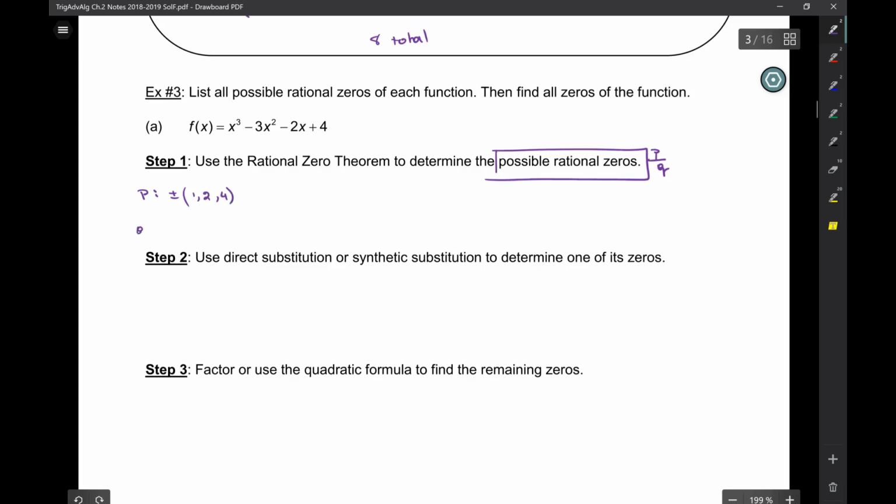For Q, plus or minus 1. Okay. P over Q, it's going to be each of these over 1. So you get 1 over 1, 1, 2 over 1, 4 over 1. You basically get the same numbers back. So these are the possible rational zeros.